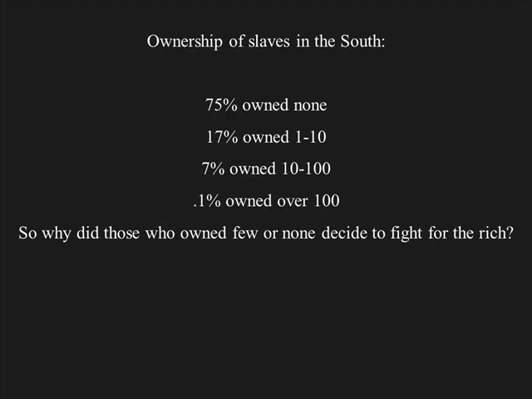But the gigantic plantations that tend to dominate our historical memory of what the South looked like back then is really just the richest of the rich. Not just the richest 1%, but the richest 1/10 of 1% are the gigantic landowners who own hundreds of slaves.